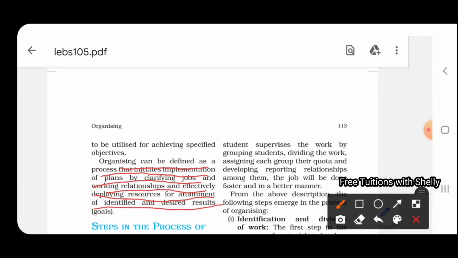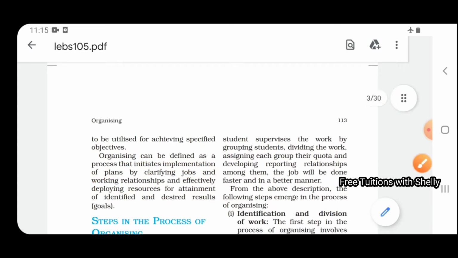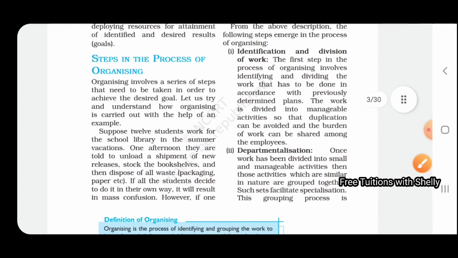For example, when you are going to prepare for an exam, you make the timetable, you set the timing. This is all being done to achieve that goal, to pass the exam with good marks. So how you organize those activities, which you are doing for achieving some objective, is termed as organizing.